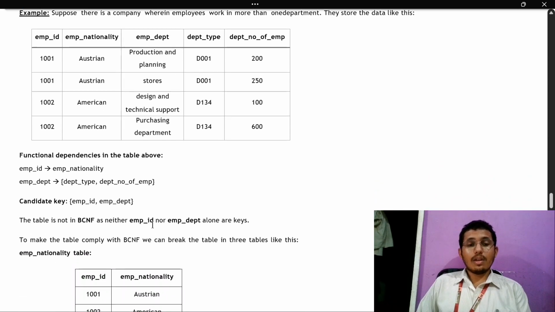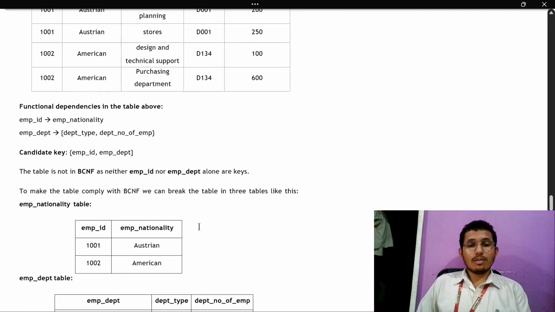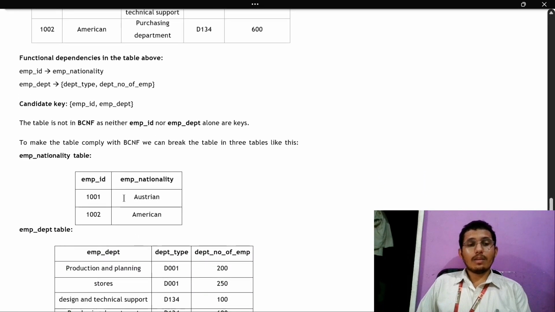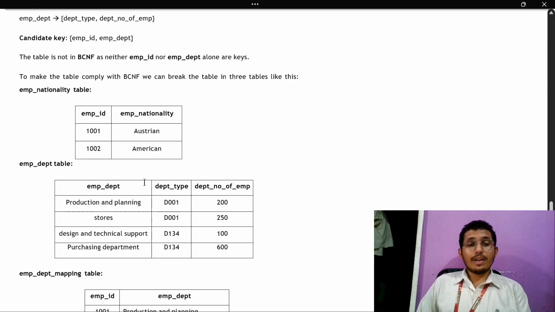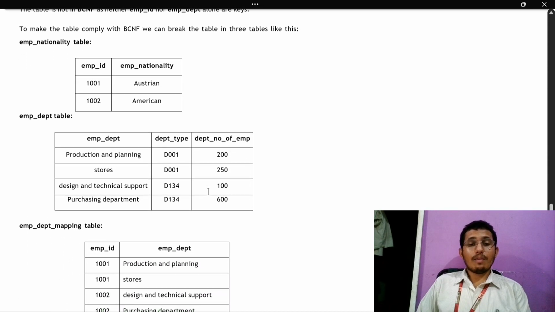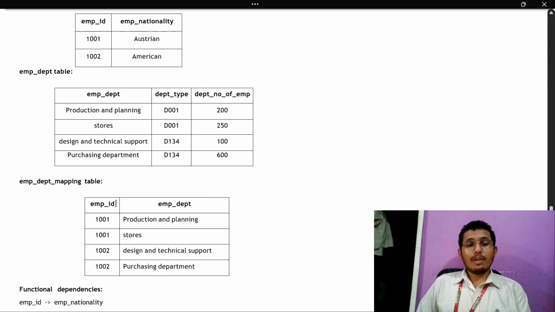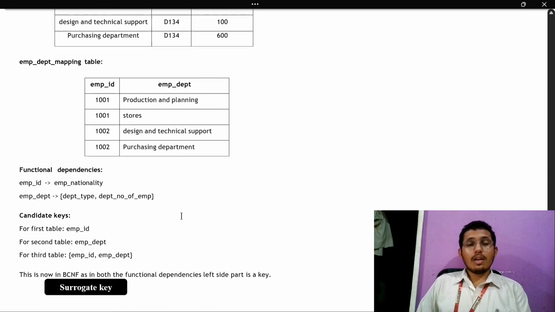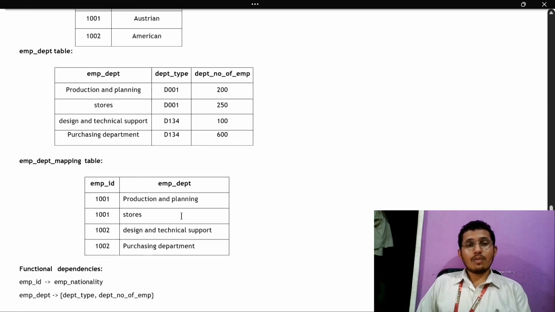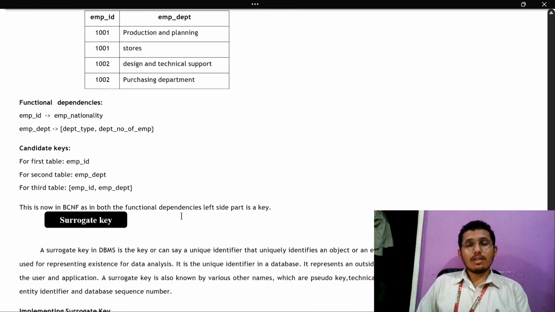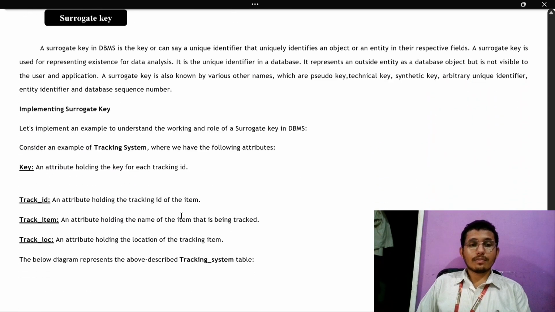It is not in BCNF because emp to emp nationality is a dependency on a non-super key. To fix this, we divide the table into different tables: emp nationality, department type with number of employees, and a mapping table of EID and E department. So we divided it into three tables. It is now in BCNF.